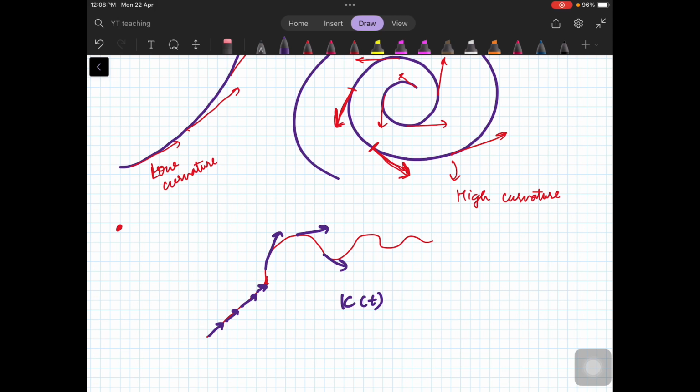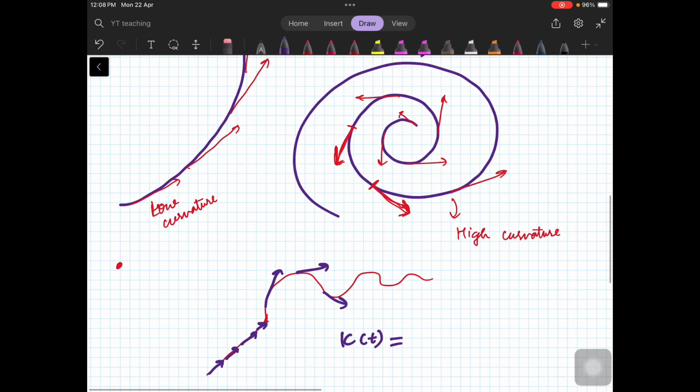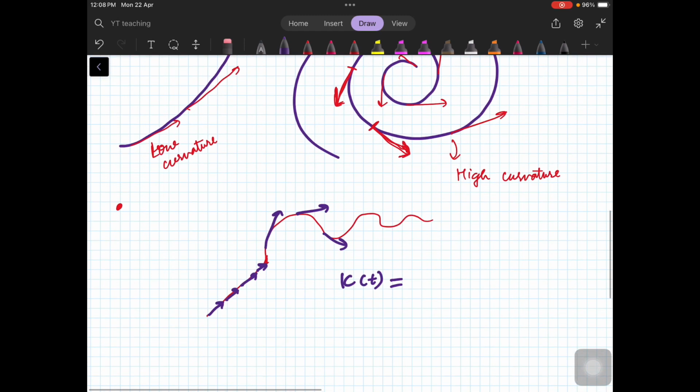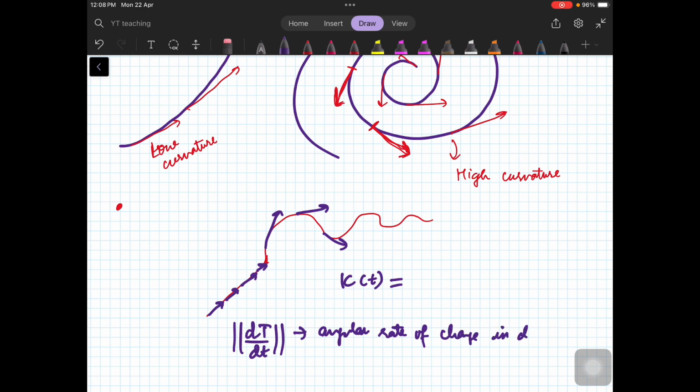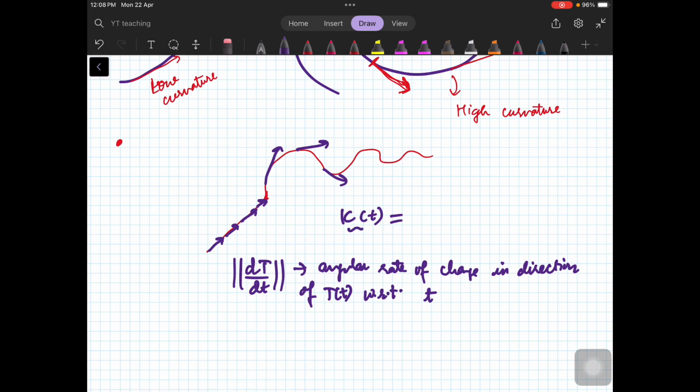Okay, so we told you that curvature is the angular rate of change of the direction of the unit tangent vector with respect to s. Also we saw that the quantity modulus of dT by dt represents the angular rate of change in direction of T. This is what we did in the last video, with respect to the parameter t. But I want this with respect to s.